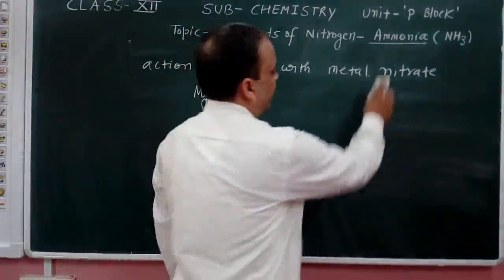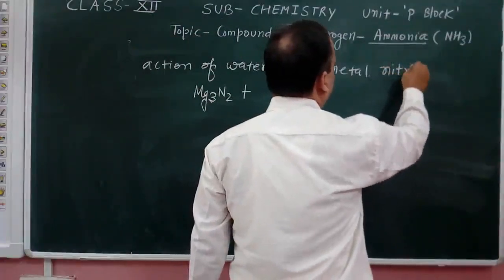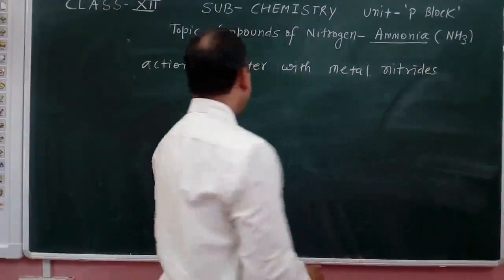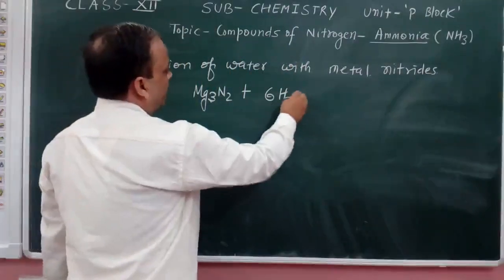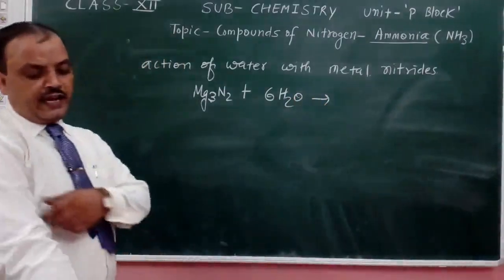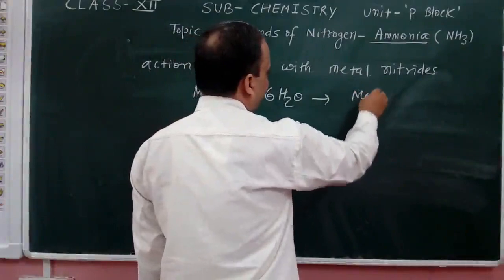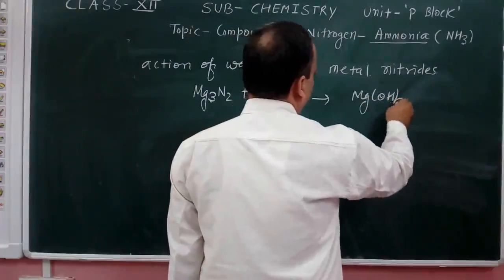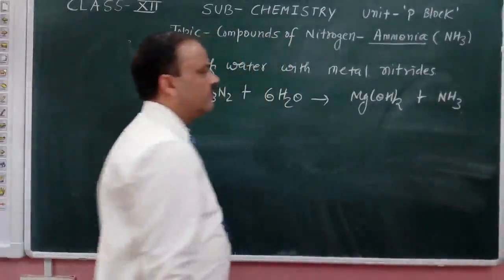They are known as nitrides, for example Mg3N2, magnesium nitride. When we react the magnesium nitride with H2O, we have the hydroxide of magnesium, and with this we have ammonia.